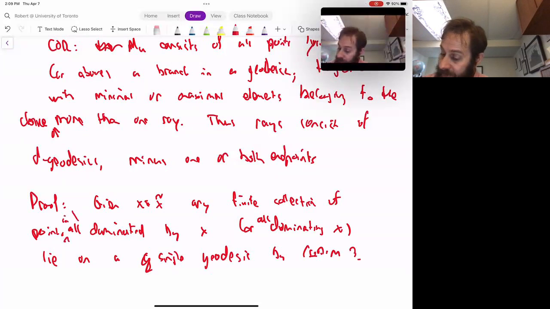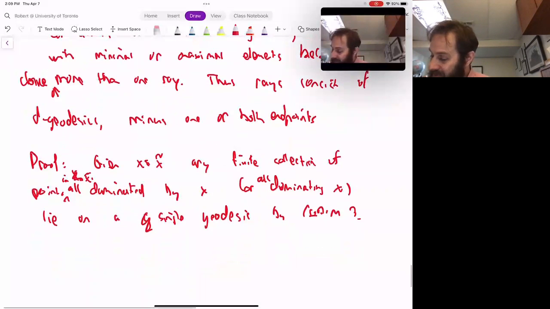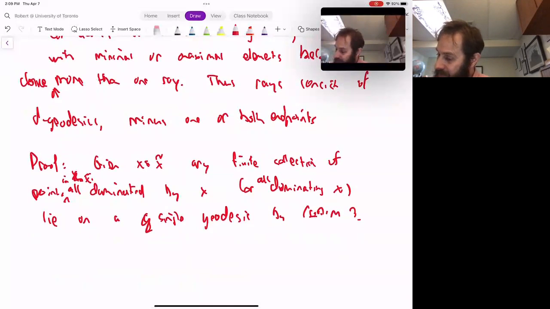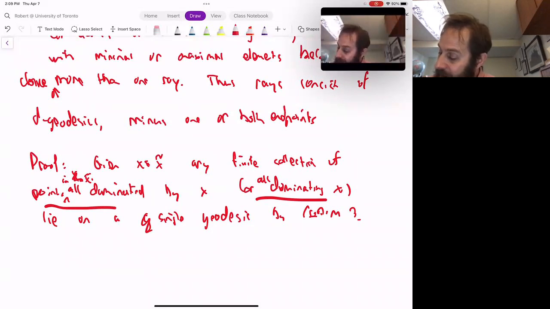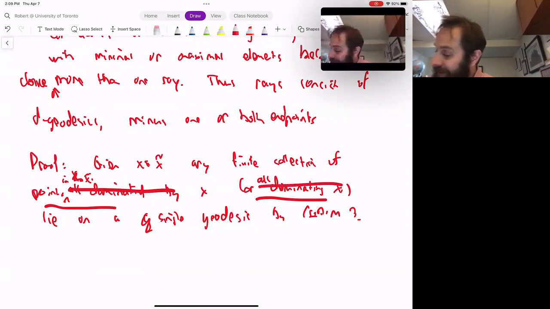I should have said points in X tilde. And moreover, because I can join the two geodesics, the geodesic for those lying above X and the geodesic for those lying below X can be joined to get a single geodesic. So therefore, I can now remove this all dominated by or all dominating X.